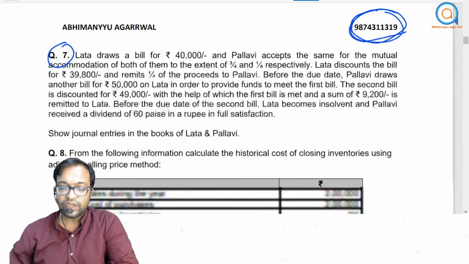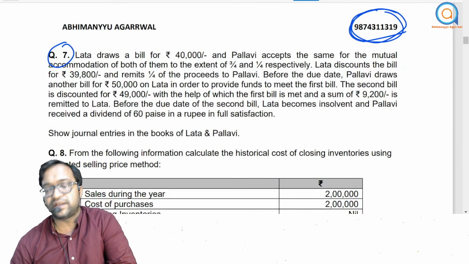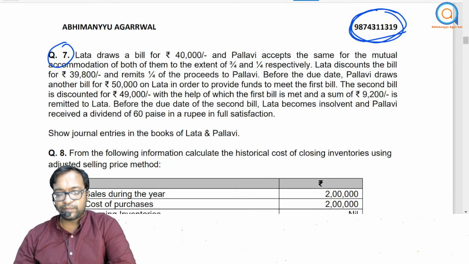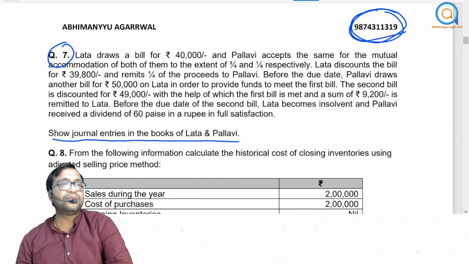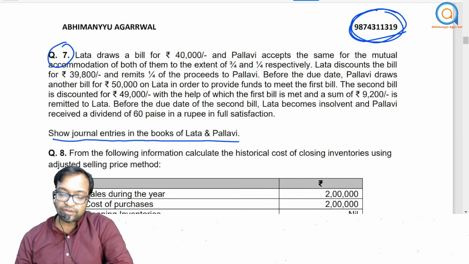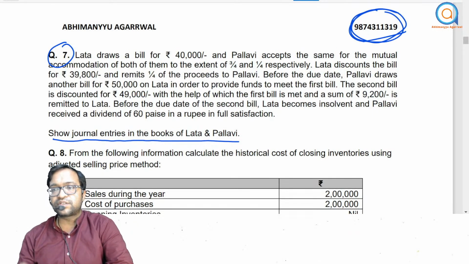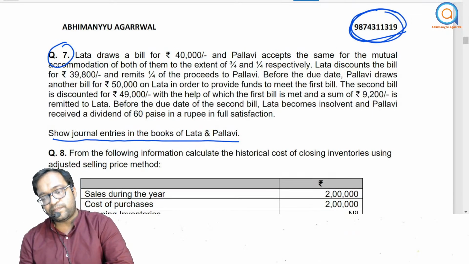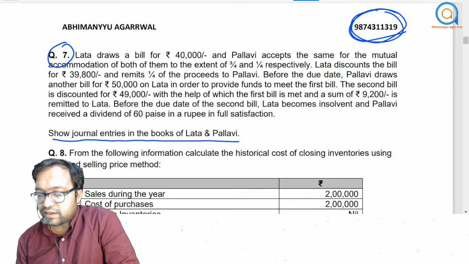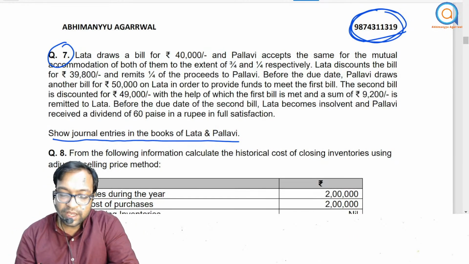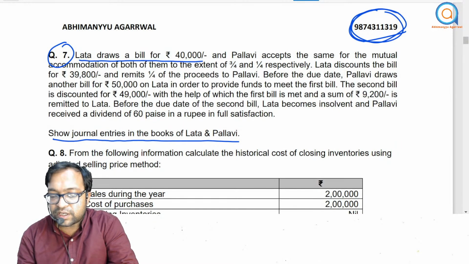Okay. Chalo, question number 7. Let's read this sum. They're saying, show the journal entries in the books of Lata and Pallavi. So they're asking you to do journal entries in the books of Lata and Pallavi. 2 parties are involved. Okay, let me read the sum for you. Lata draws a bill of 40,000.